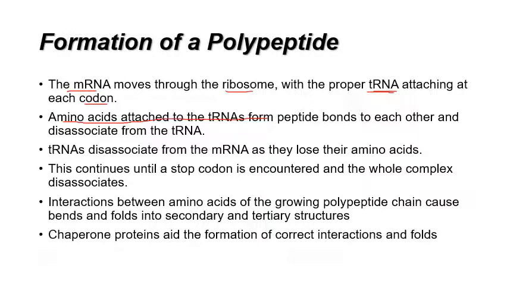Okay, the tRNAs will disassociate from the mRNA as they lose their amino acids in that chain that's being catalyzed at the ribosomes, making the polypeptide or the protein. Okay, and this will all continue in the ribosomes, reading the mRNA, bringing the tRNA in until we reach that stop codon. Right, and then the whole complex, the messenger RNA disassociates and the protein will disassociate.